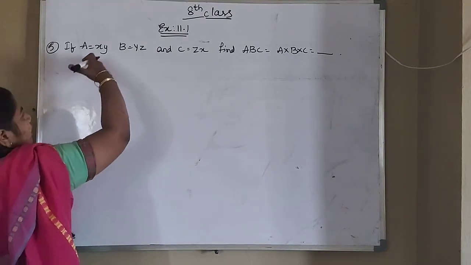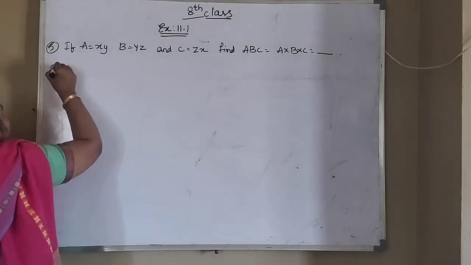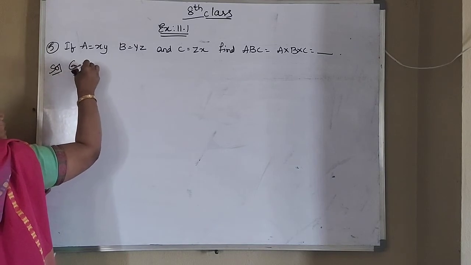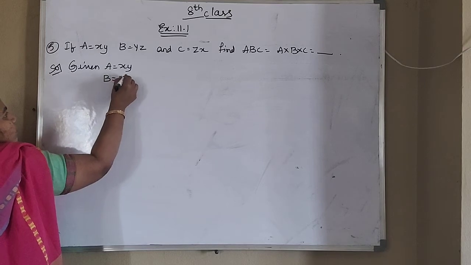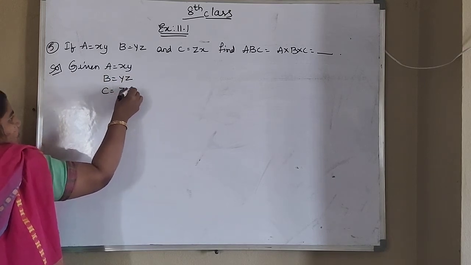So already they have given A value, B value and C value. They have given A value as xy, B value as yz, C value as zx.